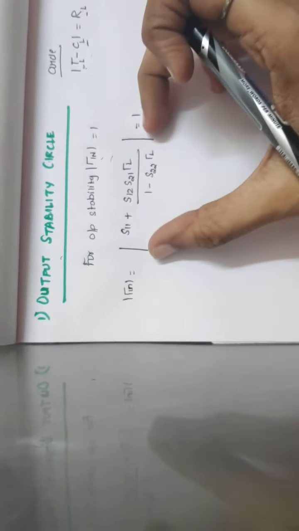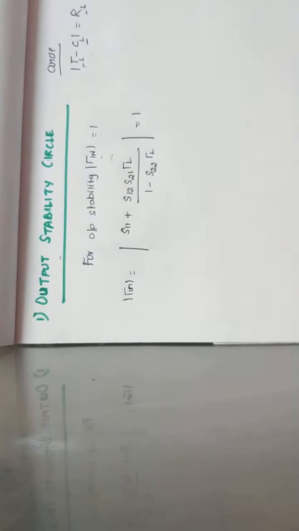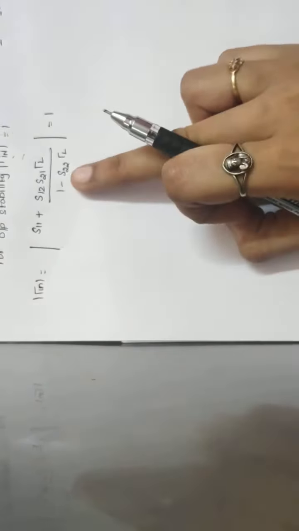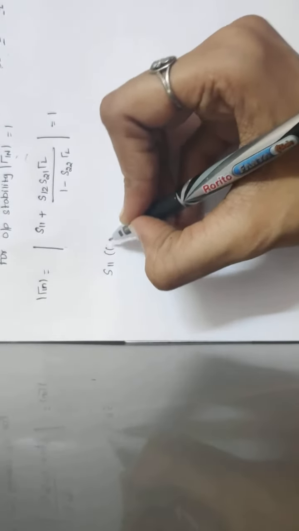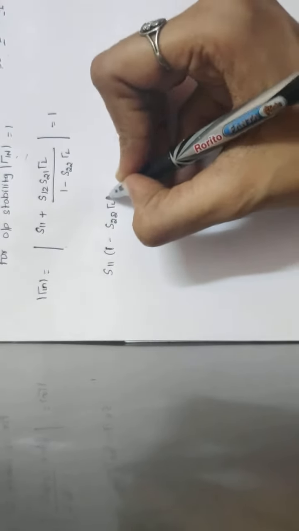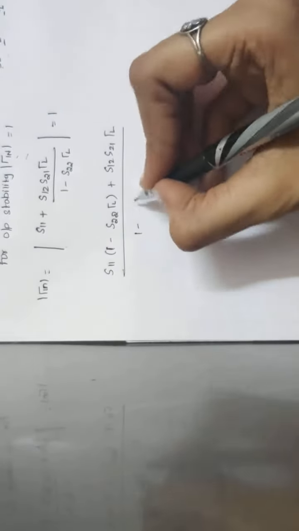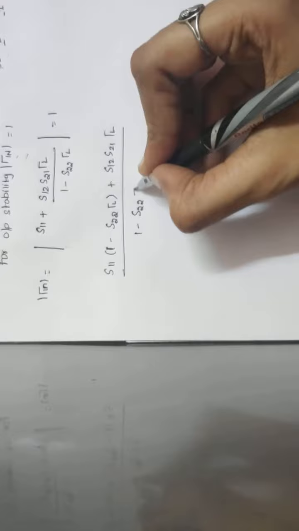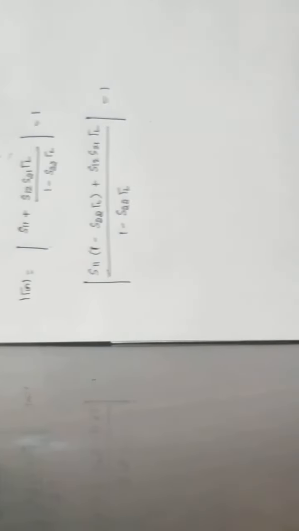So let us try to bring this expression into the form |ΓL − C| = R. Now let us take this equation and take the LCM. So this becomes the modulus of S11 into (1 minus S22 ΓL) plus S12 S21 ΓL, whole divided by 1 minus S22 ΓL, and this is equal to 1.